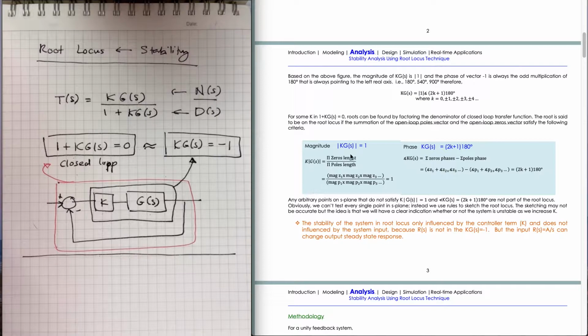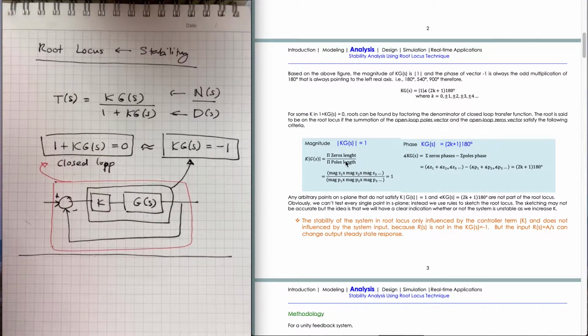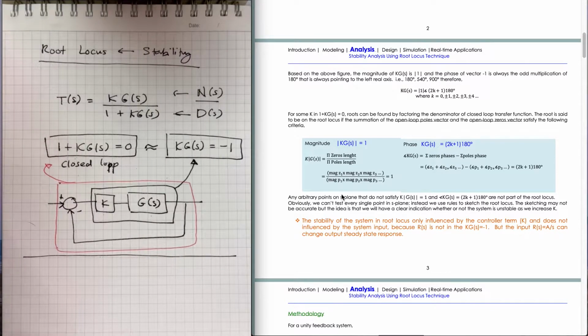Now, how do we find the magnitude KG(s) equal to 1? We need to find the length of the vectors of the numerator divided by the total length of the poles. Once we have a point on the S-plane, we can draw a vector.